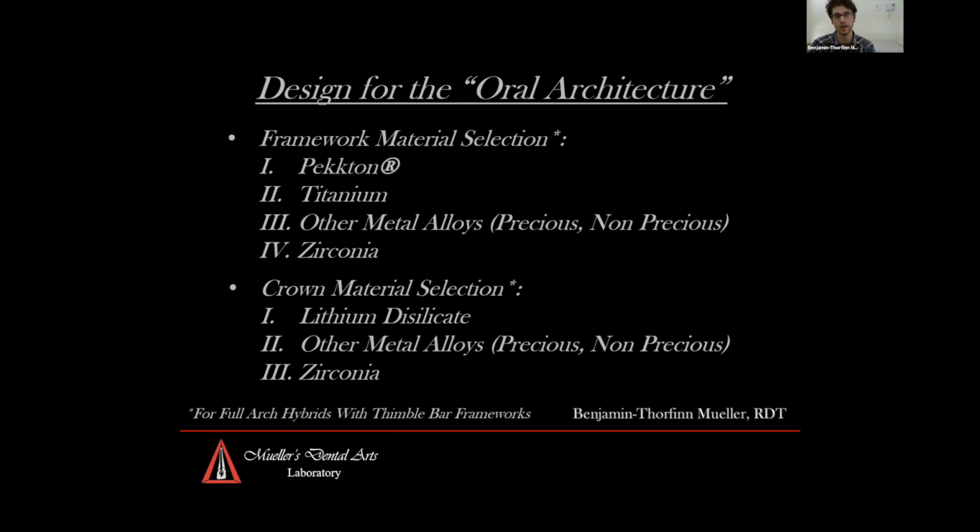Both pectin and titanium are implant grade, so amazing tissue response. And then the fourth option, zirconia. It's not that zirconia is a bad material. It's just for these types of cases, for us, zirconia is the last choice.